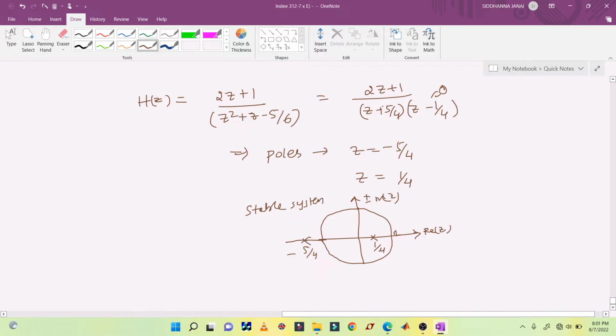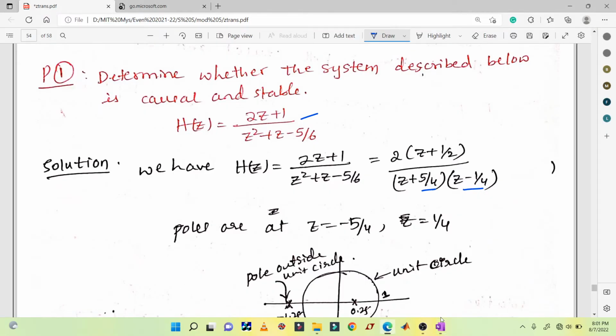We can draw another circle like this and show that the ROC is outside the outermost pole. This is possible, so we can make it causal. It may be causal, but it cannot be stable. That is the result given here.